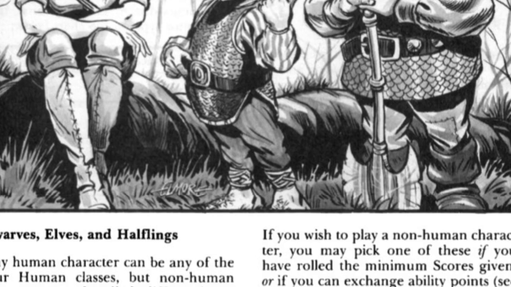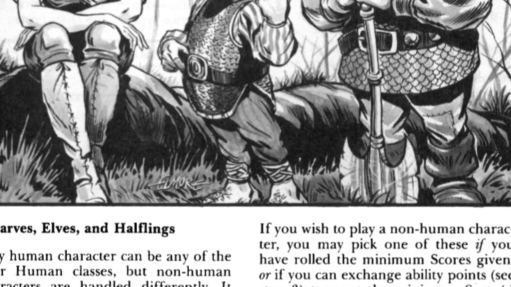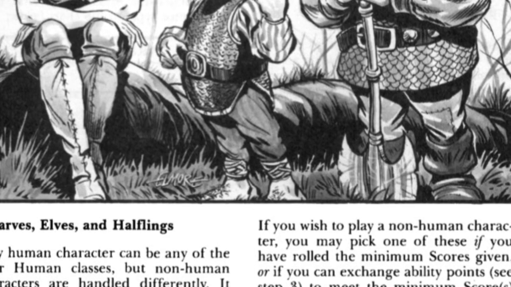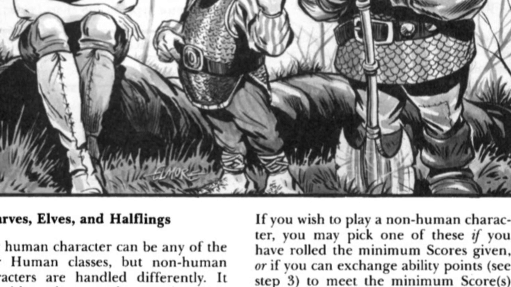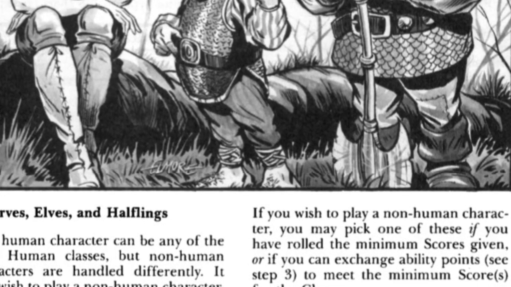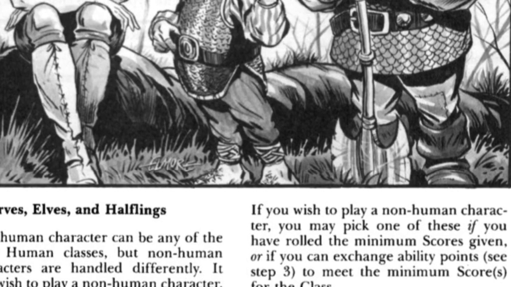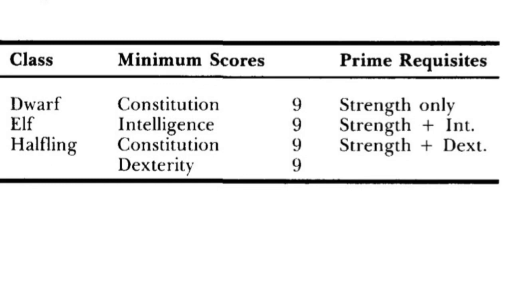If your character has an 8 or less in dexterity or constitution, the character cannot be a halfling. Dwarves are always healthy too. If your character has an 8 or less in constitution, the character cannot be a dwarf. Dwarves specialise in combat, similar to fighters, so their prime requisite is strength. The following table in the player's manual shows the minimum scores for each of the non-human classes and also their prime requisites.